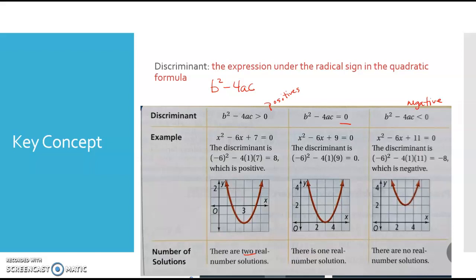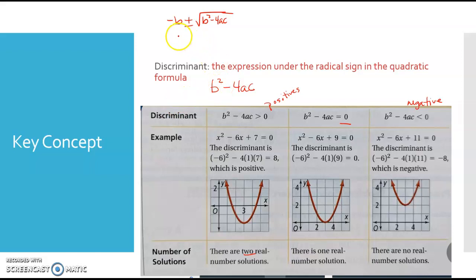And why are we only worried about what's underneath the square root? So when we look at that opposite b plus or minus the square root of b squared minus 4ac, the reason we're worried about that is because that square root determines whether we have real or imaginary solutions.